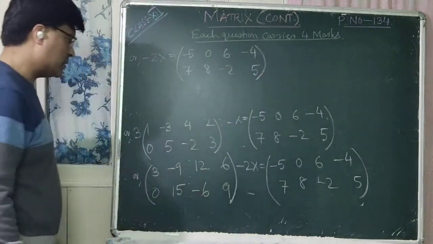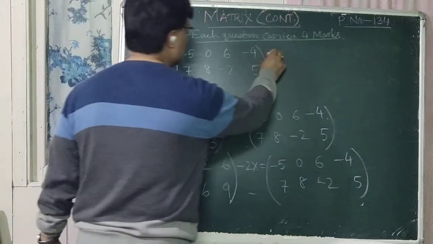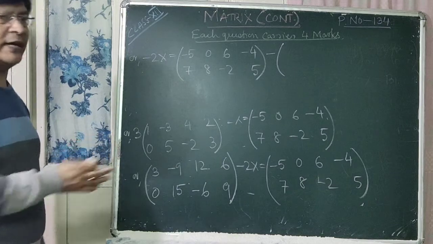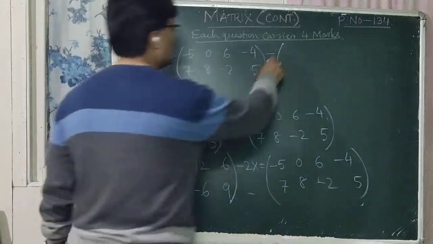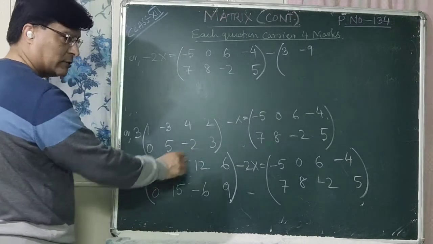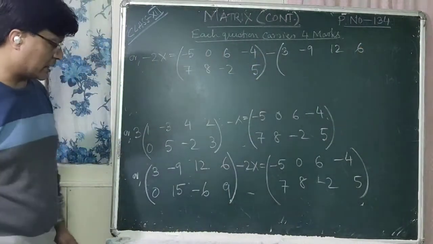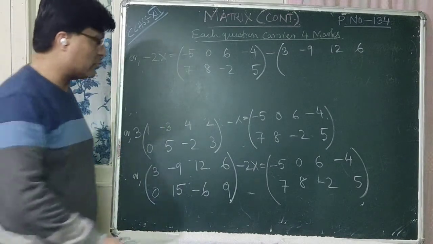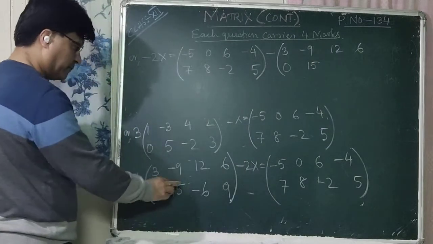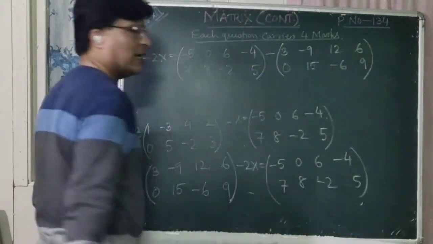Then take this matrix to the right hand side, it becomes minus sign, isn't it? It is just like solving an equation, right? Minus 3, then minus 9, 12, 6, right? Is that clear? Next, second row is 0, 15, minus 6, 9.